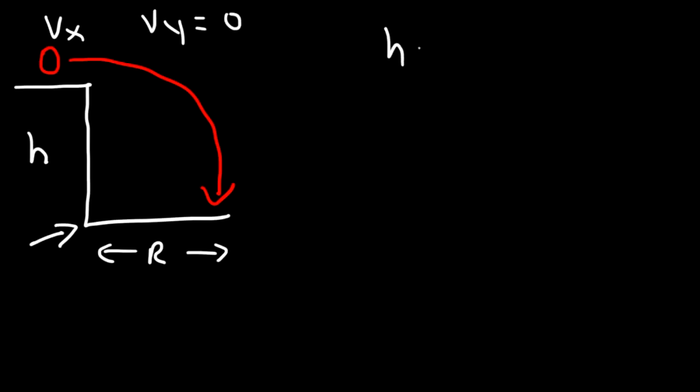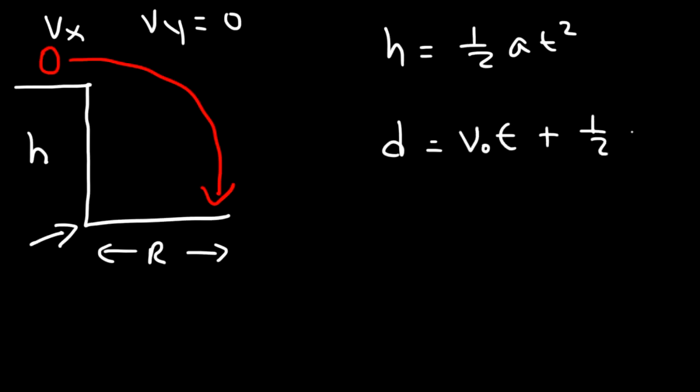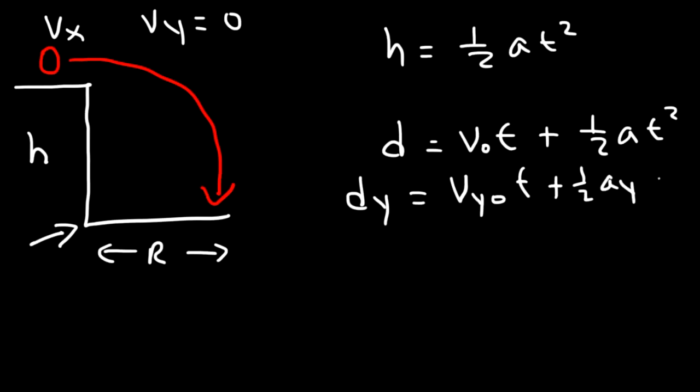So you can easily find the height using this equation. H equals 1/2 at squared. It comes from this equation. Now, because height is a vertical displacement, everything in this equation that we use has to be in the y direction. So we need to use dy, vertical displacement, equals Vy initial times t plus 1/2 ay t squared.